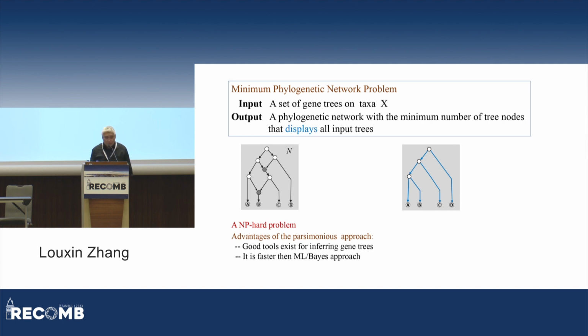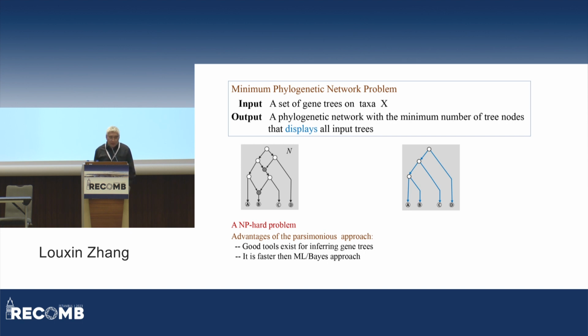This is our new approach. We have 2 tricks. The first trick is we focus on a single class of networks, namely the tree-child networks. The second trick is we transform the network inference problem to the shortest common supersequence problem.